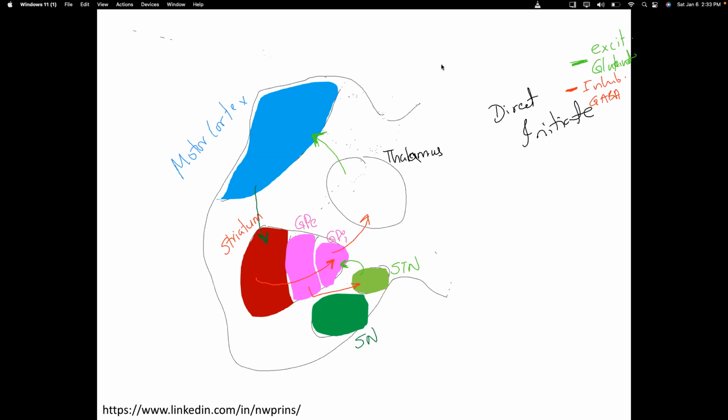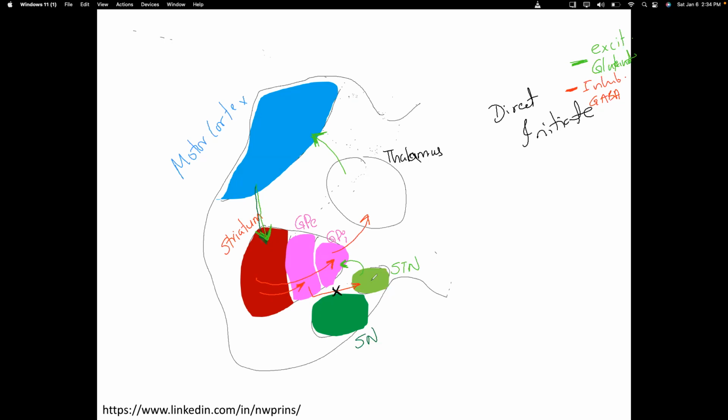So it starts off pretty much the same way. You have the motor cortex projecting excitatory connections, exciting the striatum. Then from the striatum, in the indirect pathway, we have an inhibition of the GPE. So when the GPE is inhibited, the activity of the GPE is inhibited, that means it inhibits this connection.